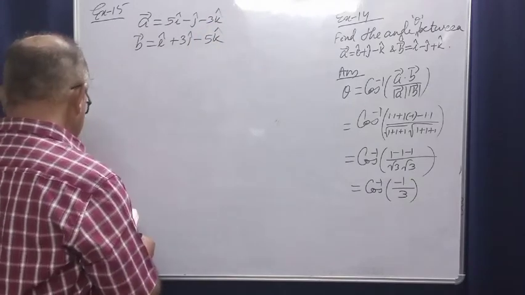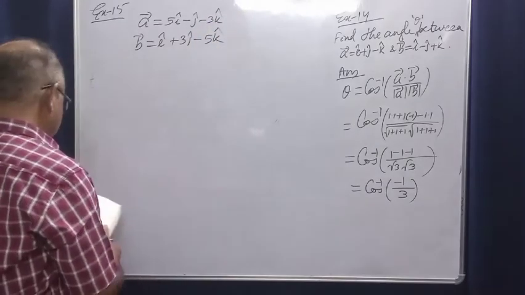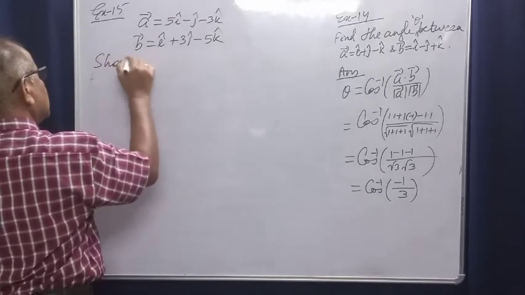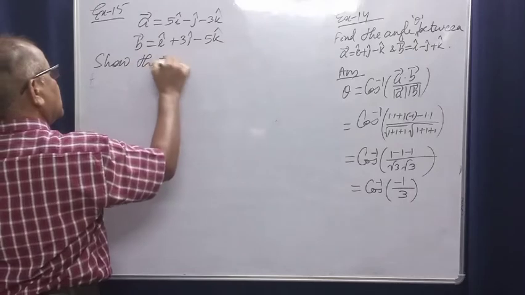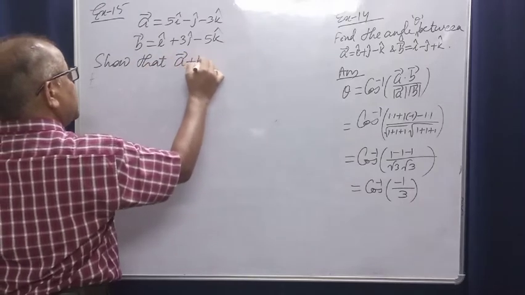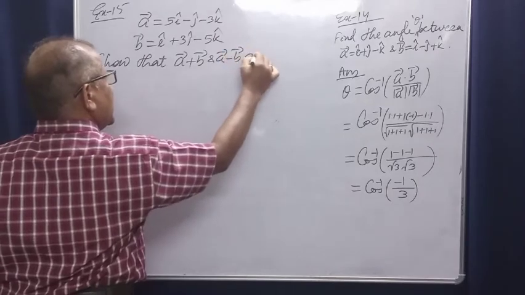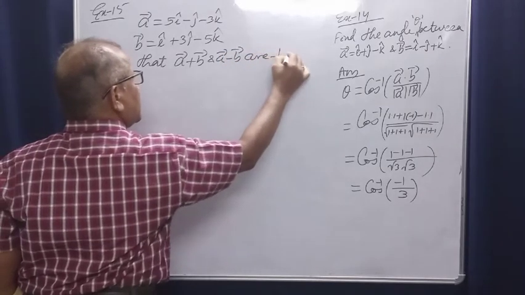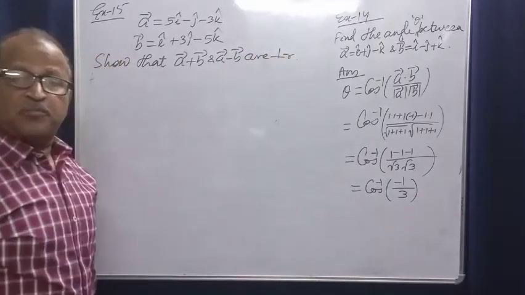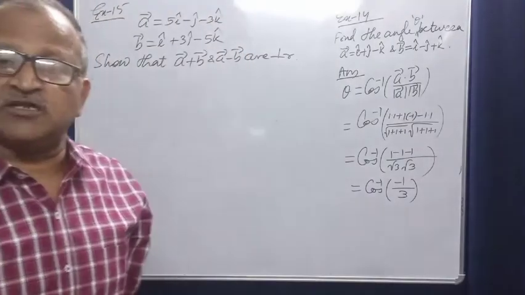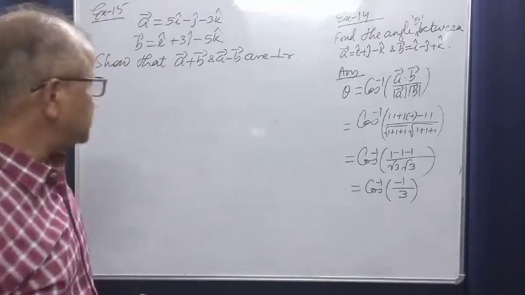Then show that the vectors A plus B and A minus B are perpendicular. The question is to show that these two vectors are perpendicular to each other.